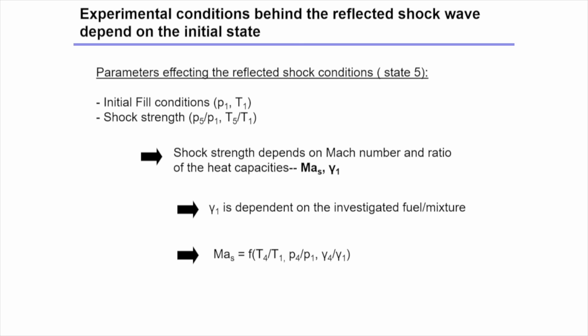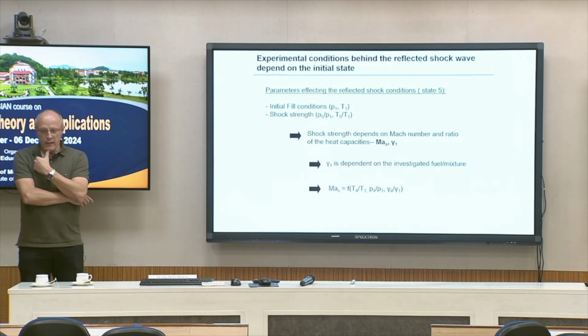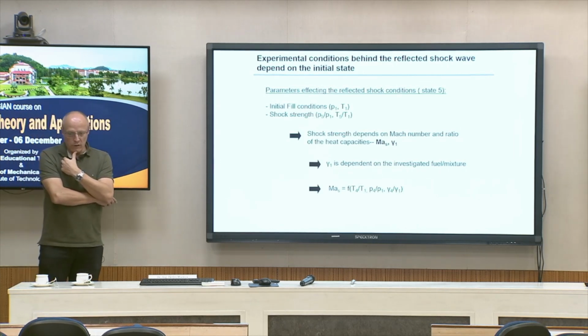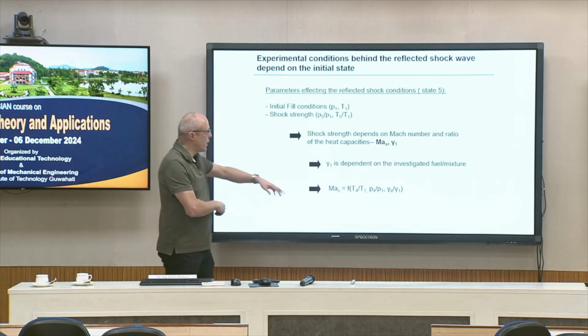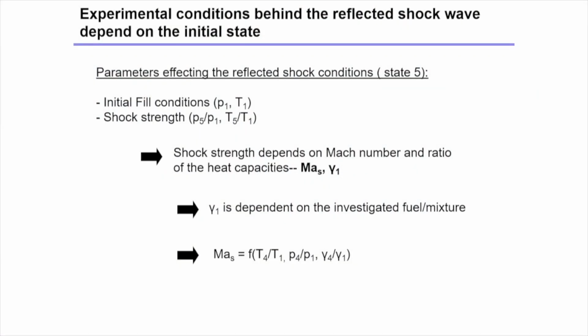So the experimental conditions behind the reflected shock wave depend on the initial state, so initial fill conditions, and the shock strength. The shock strength depends on the Mach number and the isentropic exponent. And of course, the isentropic exponent of the driven gas depends on the investigated fuel mixture.